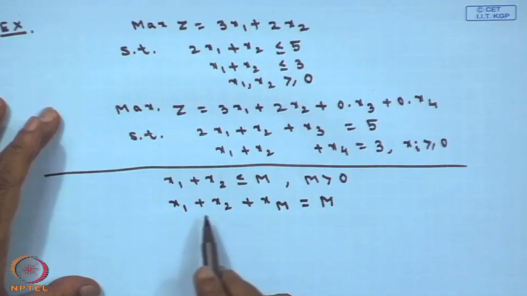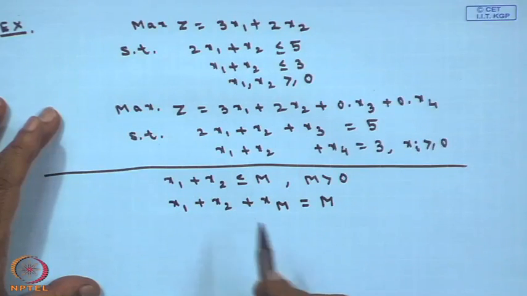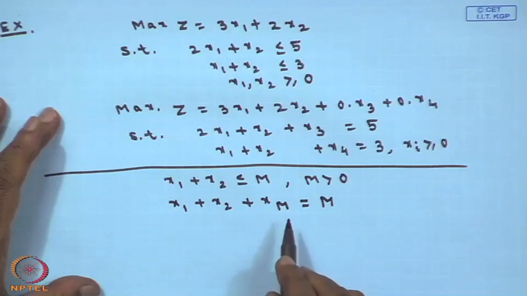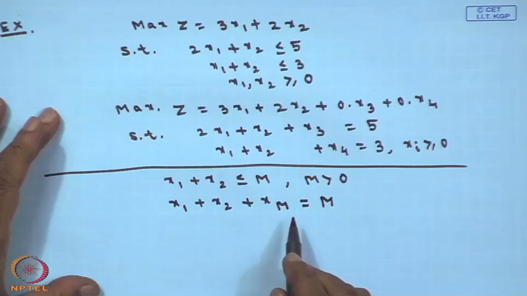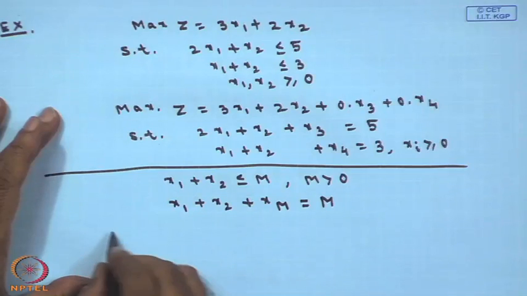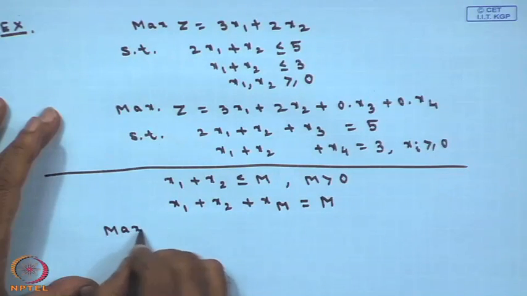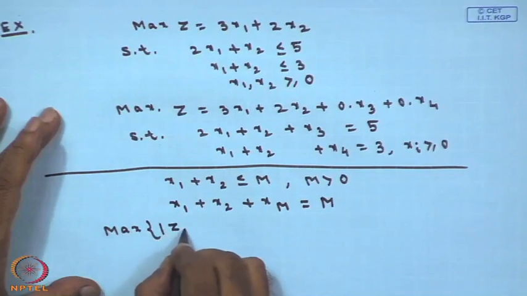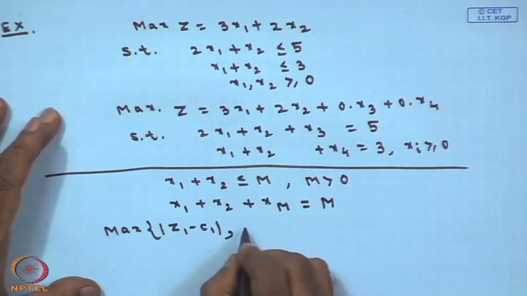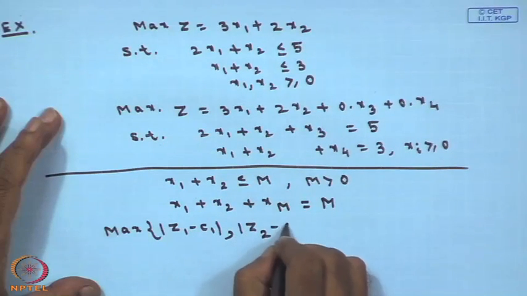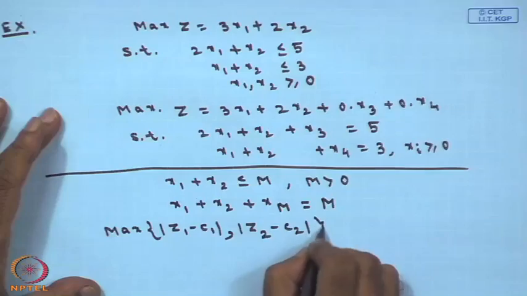As we have shown, for j equals p, if the modulus of Zp minus Cp is maximum, we take that one. So, you have to calculate the maximum of the modulus of Z1 minus C1 and Z2 minus C2, these being the only two variables.